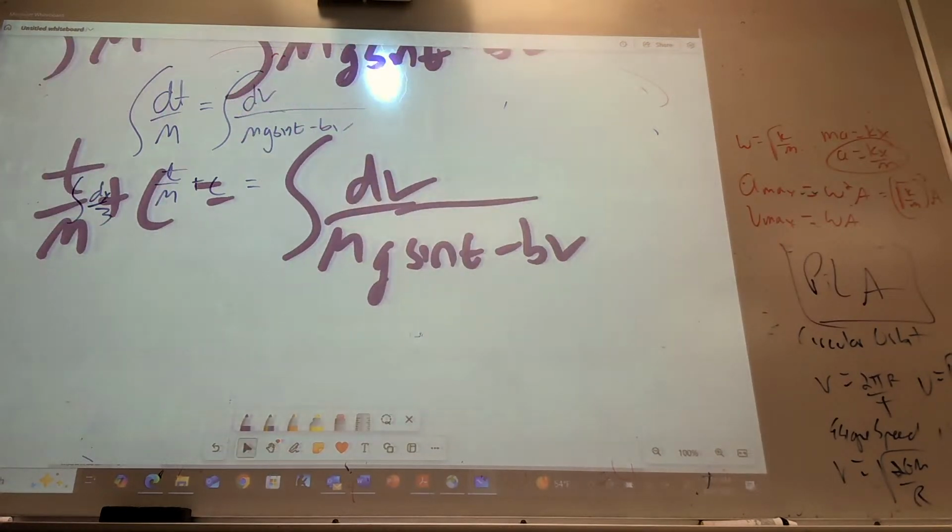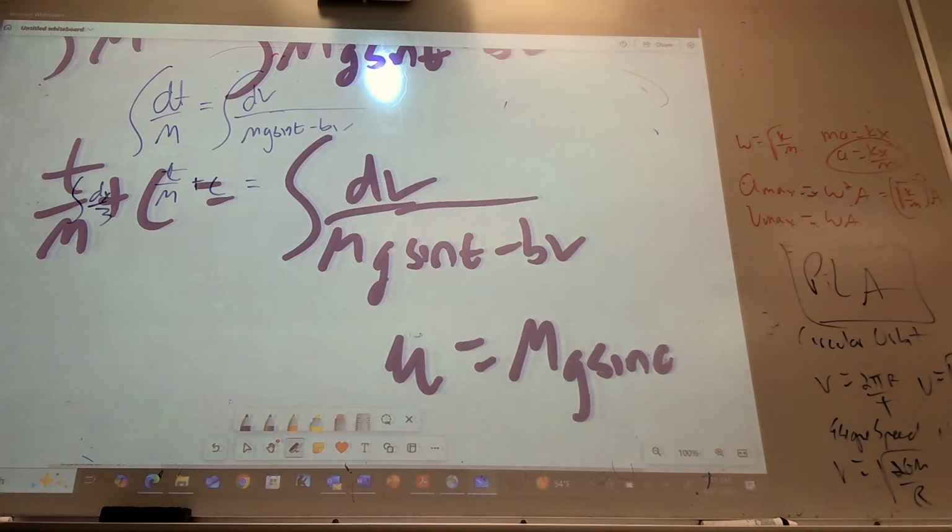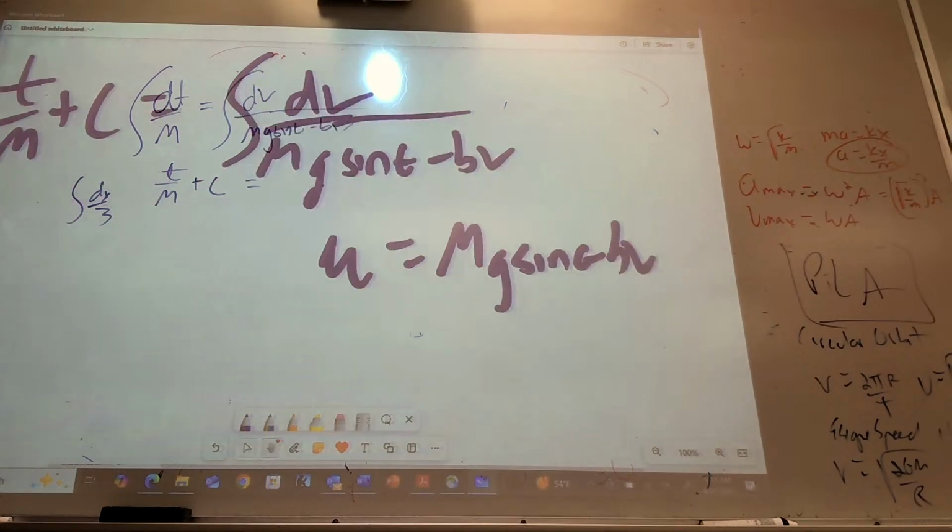Your u is mg sine theta minus bv. What's the du? When we're taking the derivative with respect to v, what's the derivative of this?